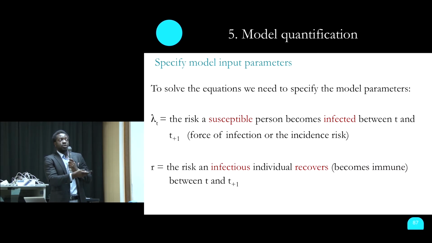So we need to quantify our parameters, and this process is called model quantification. Most of the time you will find the information in the literature review stage, in the beginning. You want to know what the R naught is, what the risk of transmission is, as well as the risk of recovery.